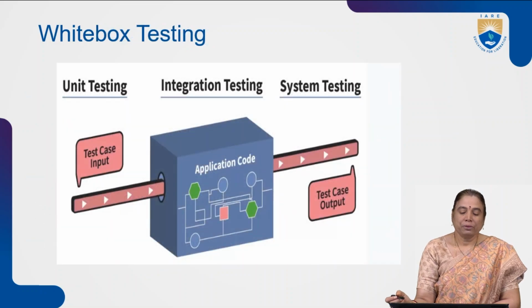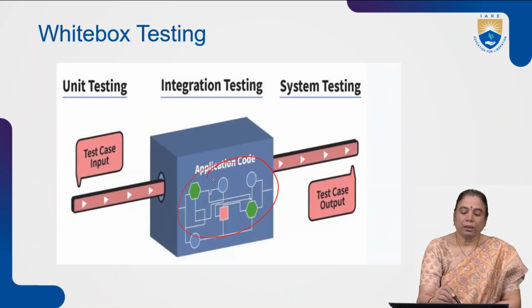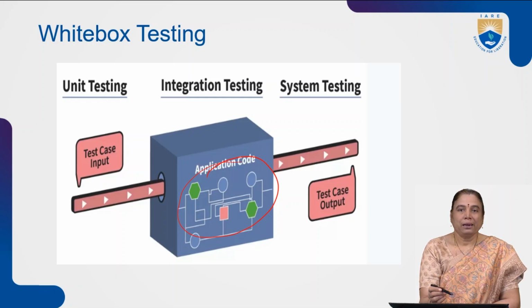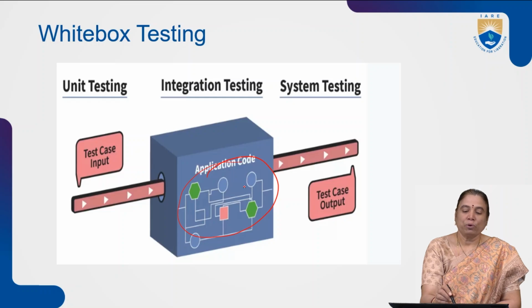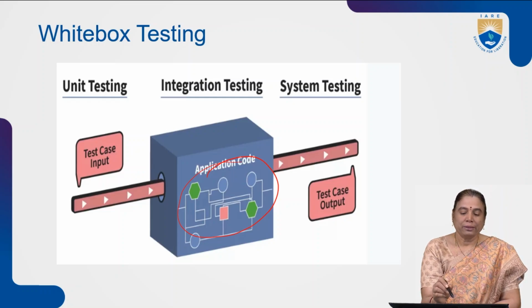In case of white box testing, the application code is considered, so maximum code coverage verification can be performed by independent path testing, conditional testing, loop testing, and case statement testing. The test cases can be given as input with the help of unit testing, and the independently tested modules are integrated to perform integration testing, and the application as a whole is tested with the test case output at the level of system testing.